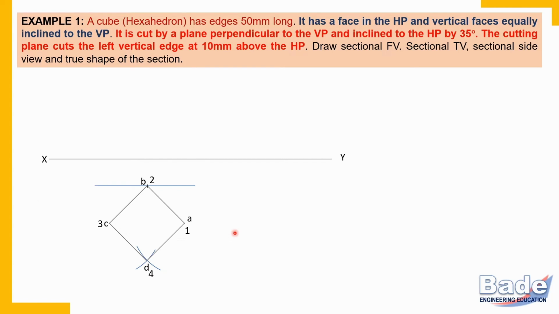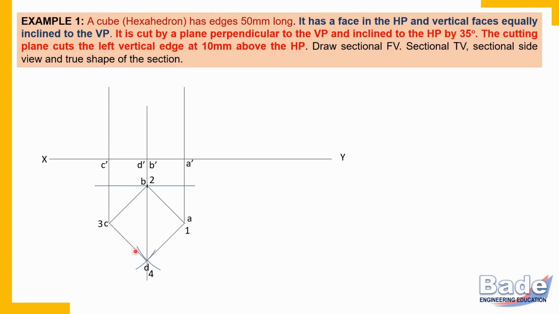So let's draw front view. Projections from all 4 corners as usual. As usual, label all base corners on XY line. It means base ABCD is on XY line. Now what is the height of this prism? This prism is special. It's a cube. So length of base edges equals length of face edges.